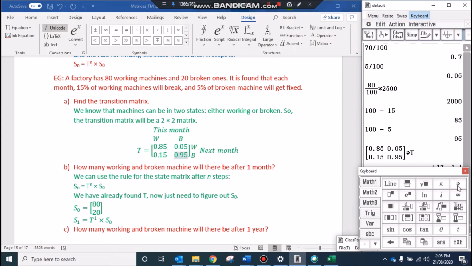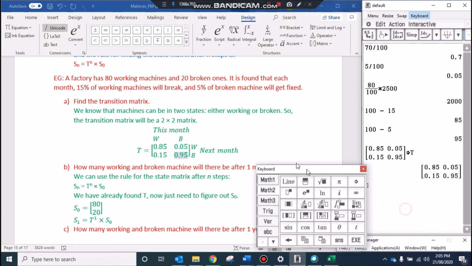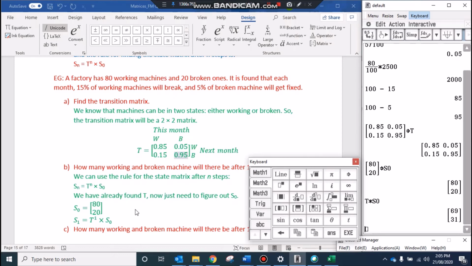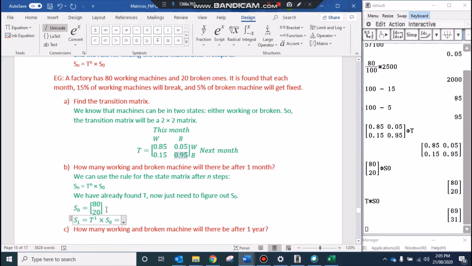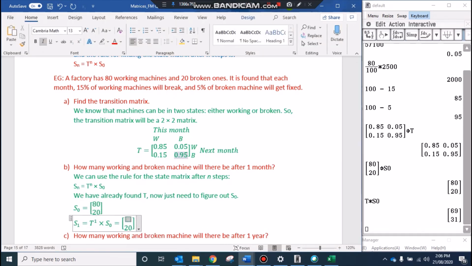I'm going to name that T, and then we'll get S, and name that S0. Now we want to find S1, which is just T multiplied by S0. All right, so S1 is equal to 69 and 31. So there are 69 working machines and 31 broken machines.